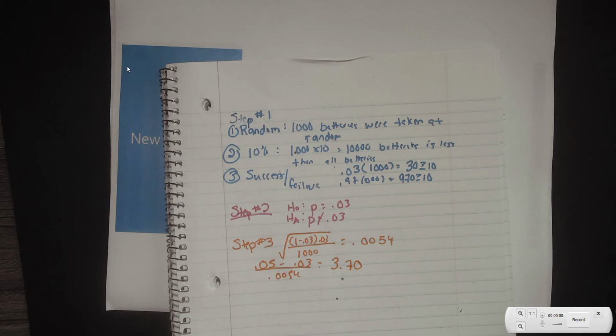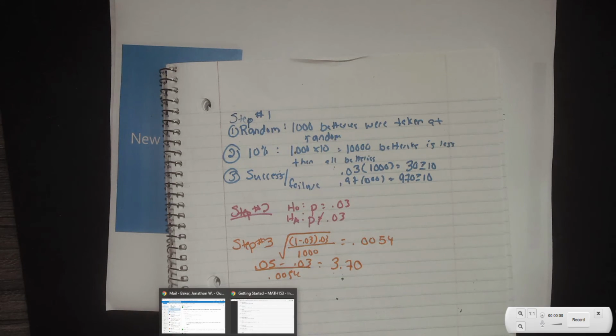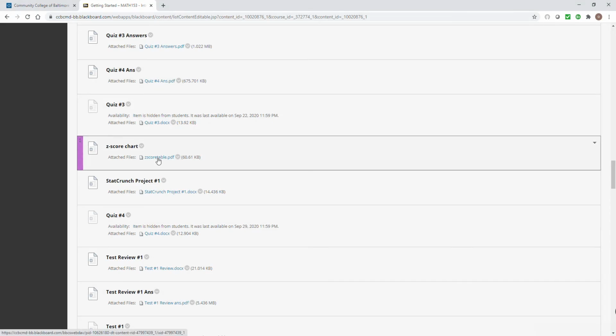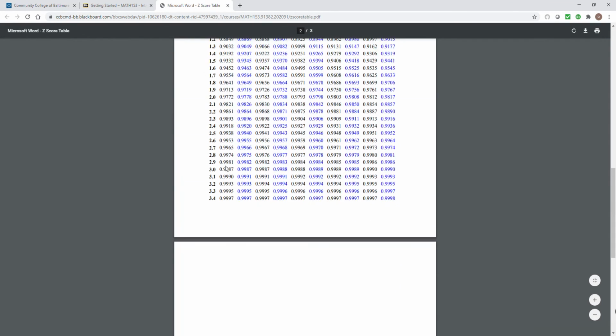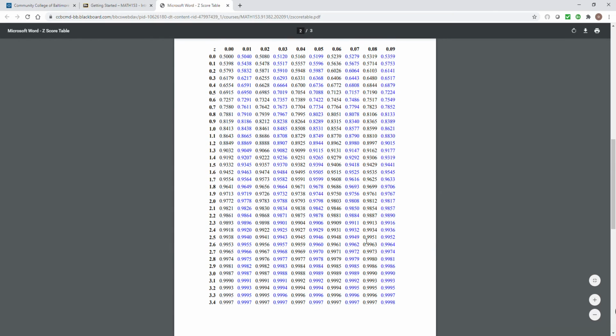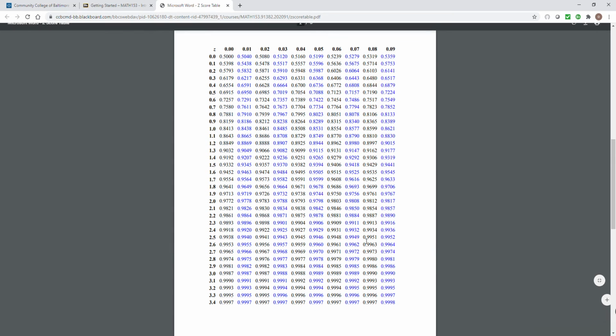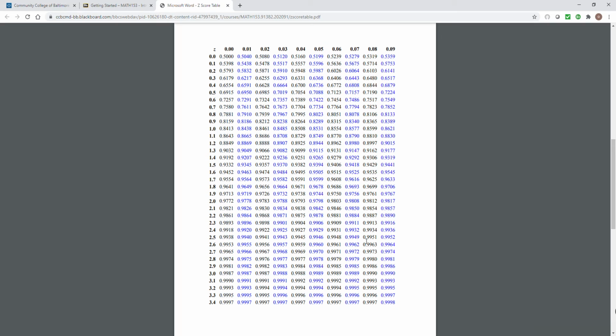Now I need to go look up my z chart, and I just realized that I've minimized it, so let's reopen it. And here's kind of the problem. It only goes up to 3.9. When that happens, I usually tell my students to just take the very last one on the chart.